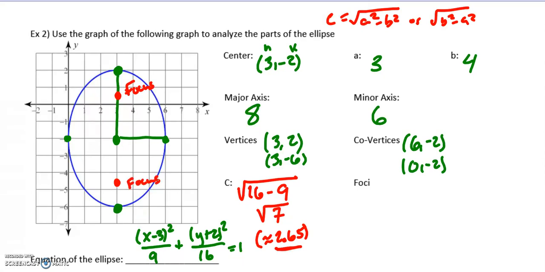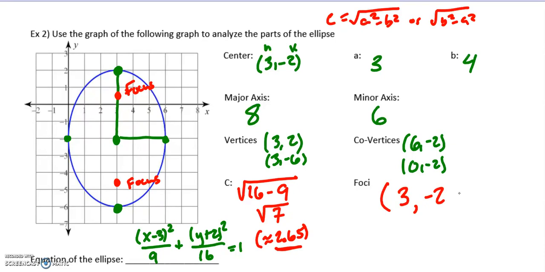Now remember what's so important about the foci is that those are the 2 points that determine how I actually create this ellipse. Now if I want to write out the foci, the way I always do it is I encourage people to go back and write out the center, because the foci are just a deviation from the center. So my center was 3, -2. Now I look at which direction the foci are, and they're on the vertical, so that's changing the y value.